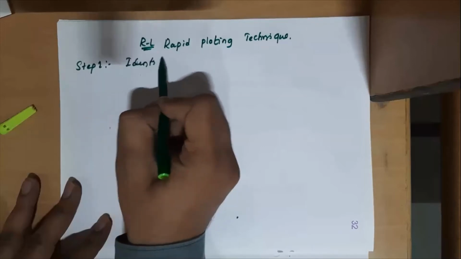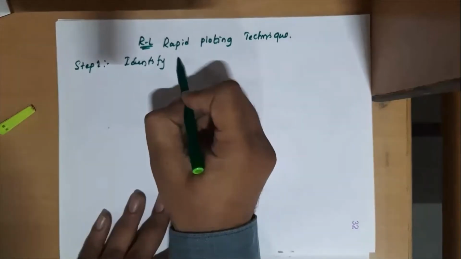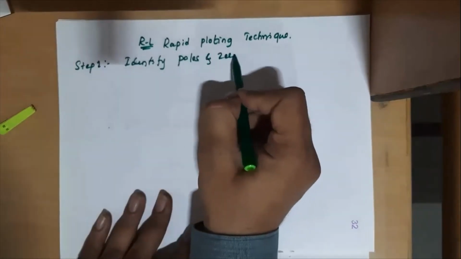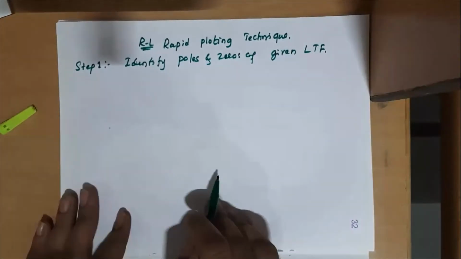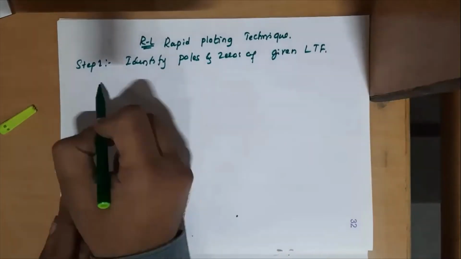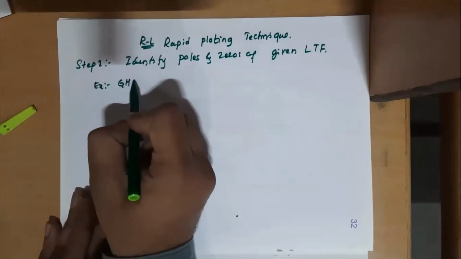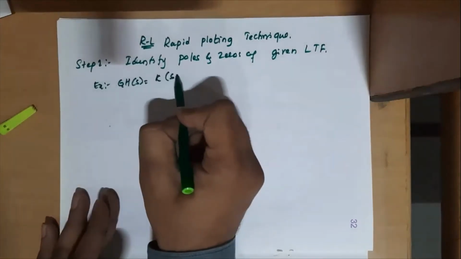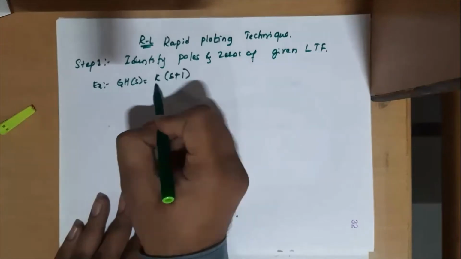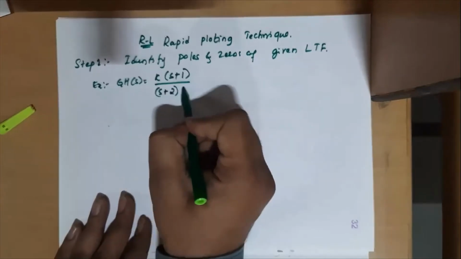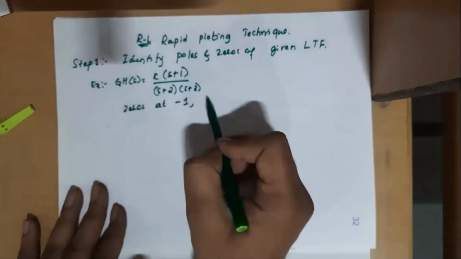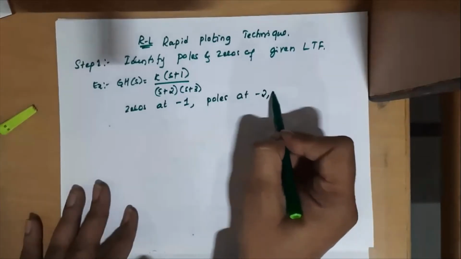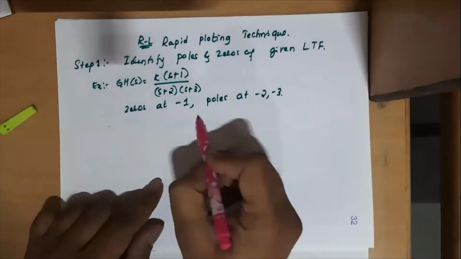So first step is identify poles and zeros of the system. Given a numerical to draw the root locus, first step is identify poles and zeros. For example, if you have a loop transfer function like this, there is 1 zero at -1 and 2 poles at -2 and -3.